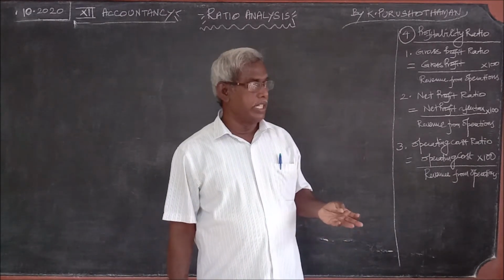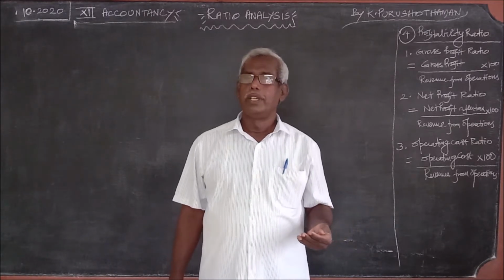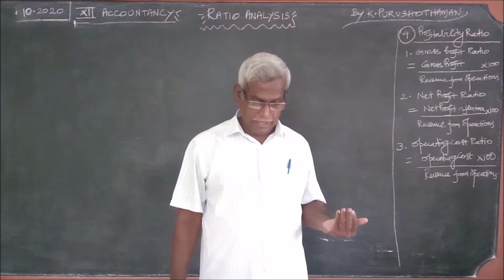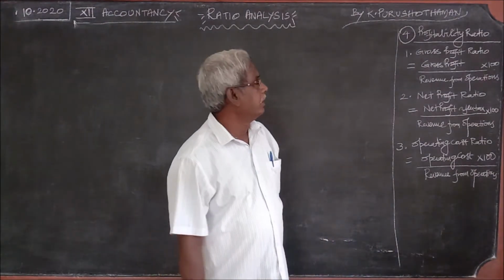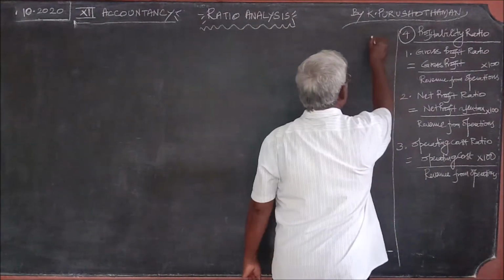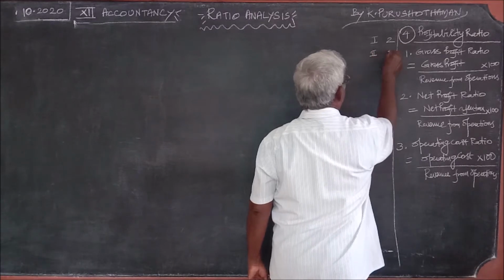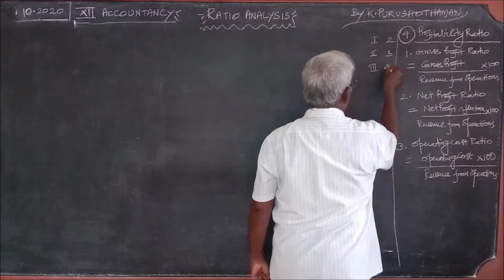The next one is trade receivable turnover ratio. Then trade payable turnover ratio, and finally fixed asset turnover ratio.